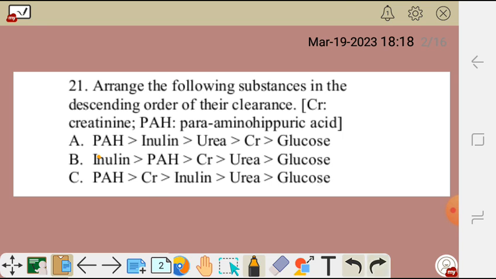Then we have urea followed by glucose, and glucose is 100% reabsorbed, so it is never secreted. So the correct answer for question 21 is C.